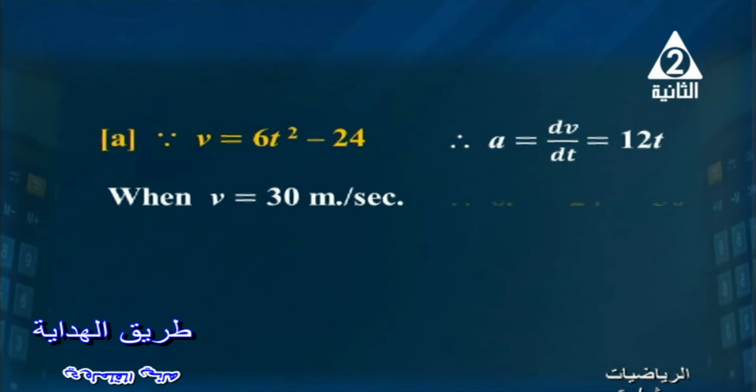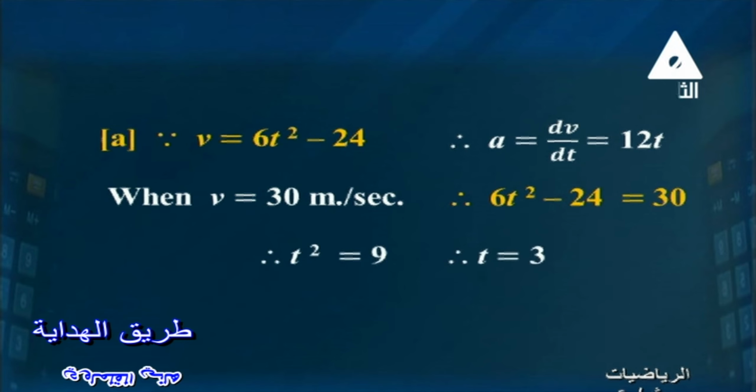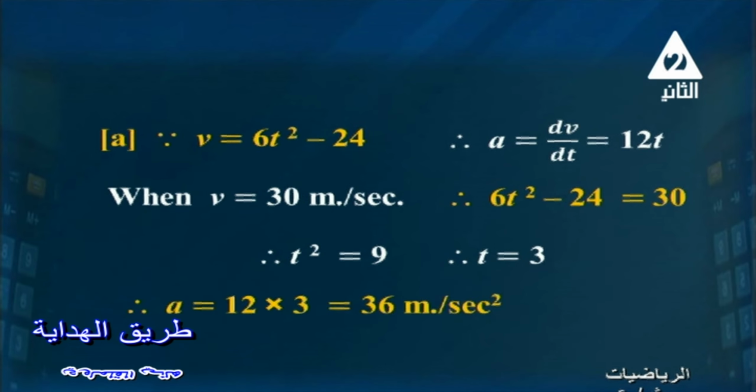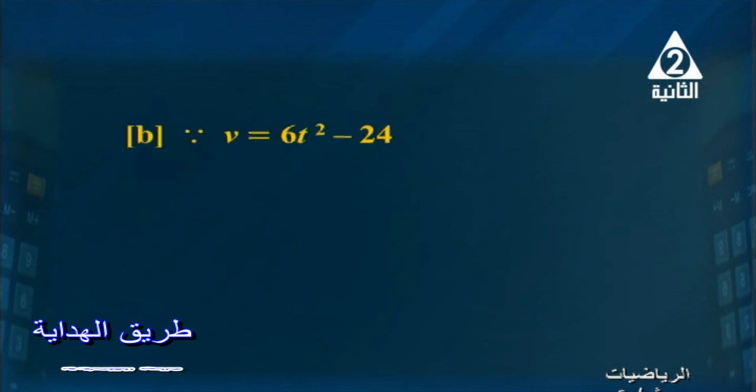When v equals 30, 6t squared minus 24 equals 30, so 6t squared equals 54, then t squared equals 9, and time equals root 9 equals 3. The acceleration a equals 12 multiplied by 3 equals 36 meters per second squared.